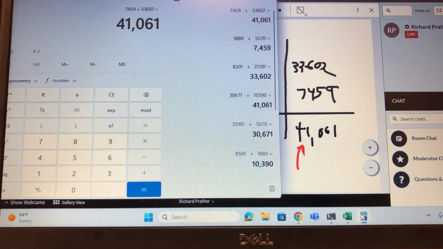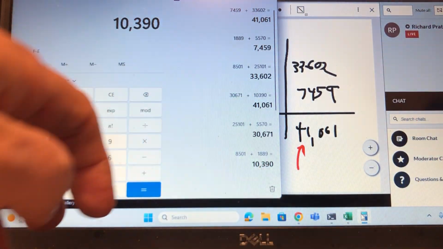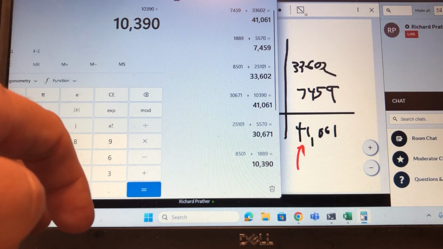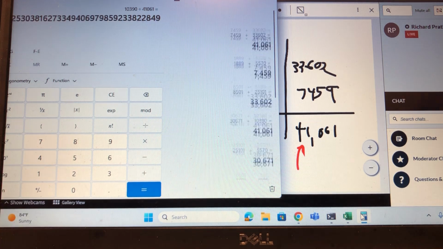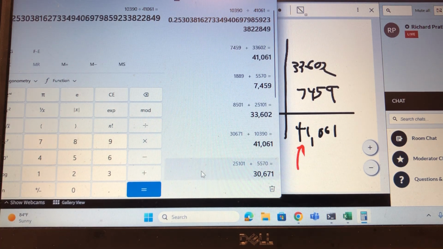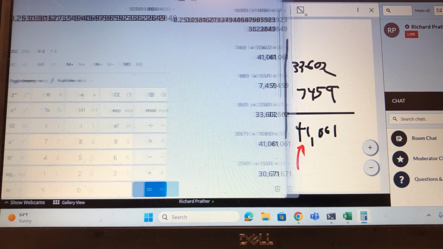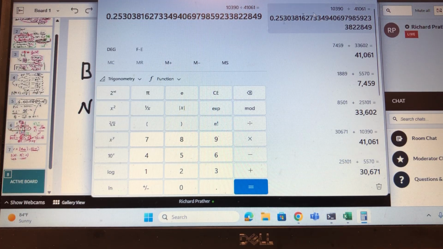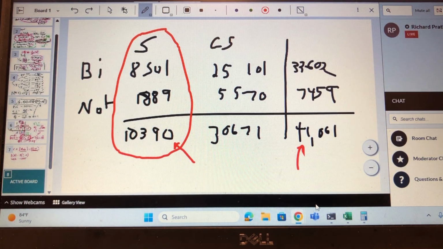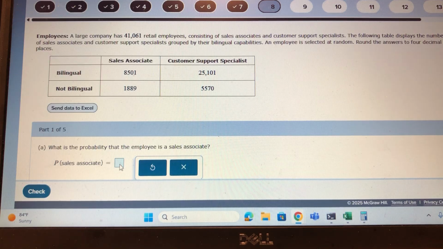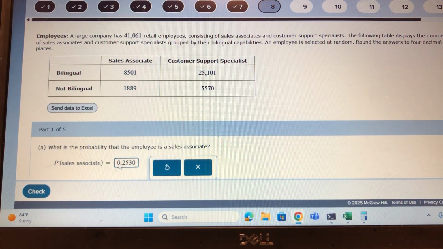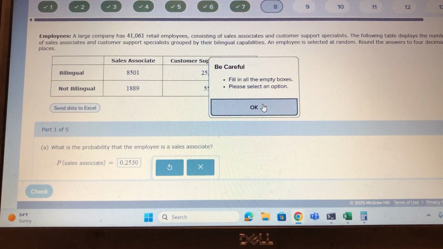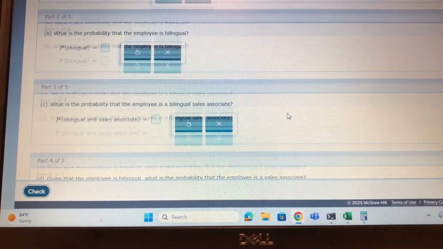So do the 10,390 divided by the 41,061. Round to 4 decimals. 2530. Singular basic probability right there. Whoops, they want me to do all the parts before I check any of them.